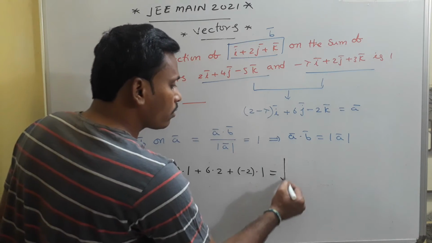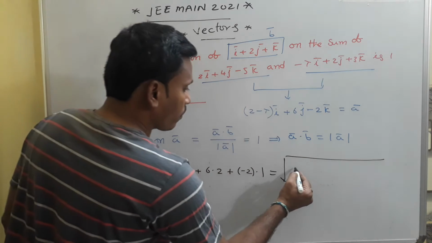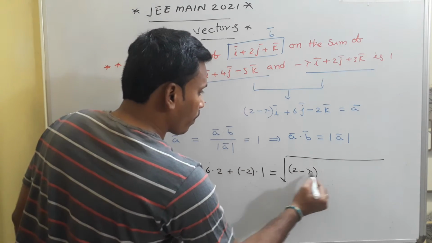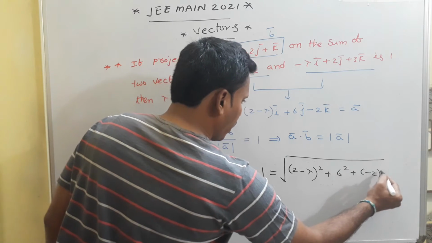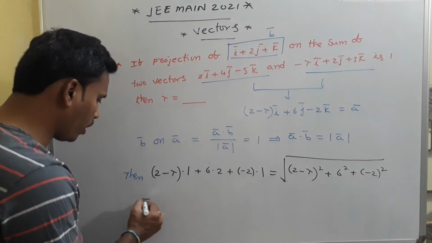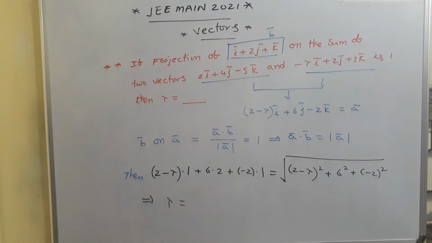Modulus of a bar is the square root of the sum of the squares of the coefficients: 2 minus lambda whole square plus 6 square plus minus 2 whole square. This is what we need to simplify to get the value of lambda. Okay, try to simplify this. On simplifying, our answer is 5. Lambda is 5.